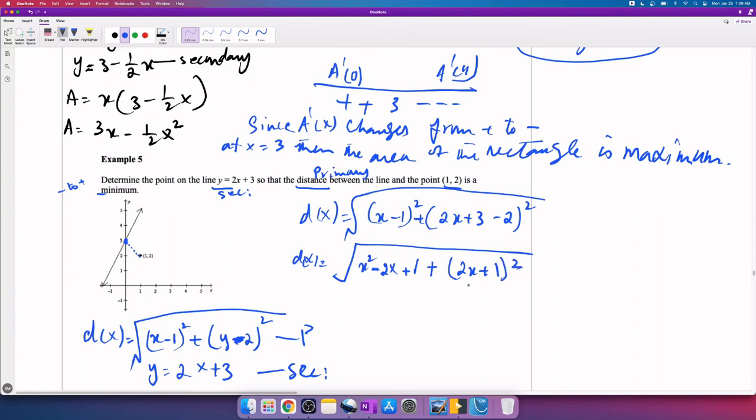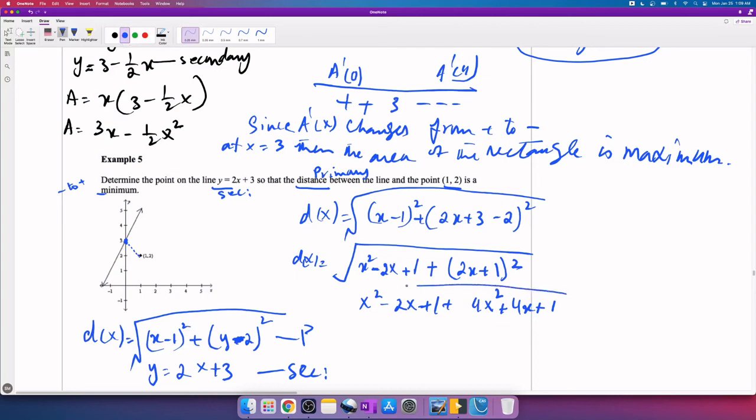I have to FOIL this now. So I'm getting x squared minus 2x plus 1 plus, let's FOIL that, 4x squared plus 4x and plus 1. I can erase the parentheses because everything is plus, so even if I distribute something, it's going to stay the same.